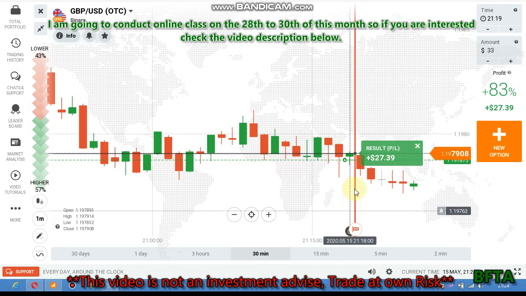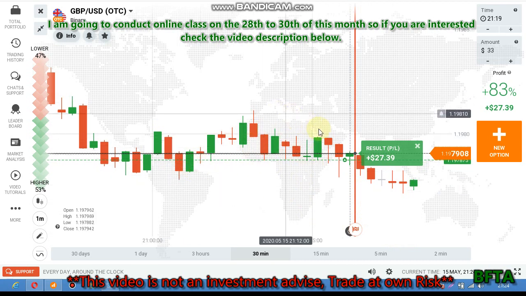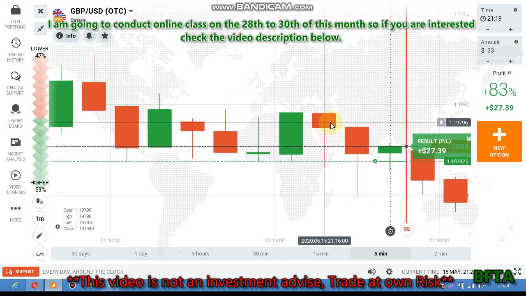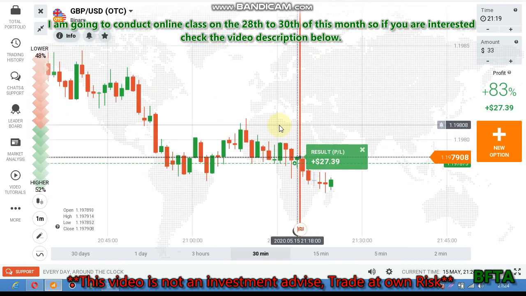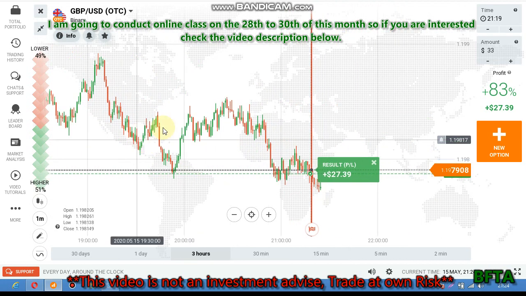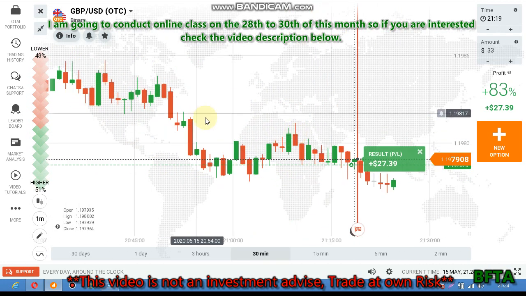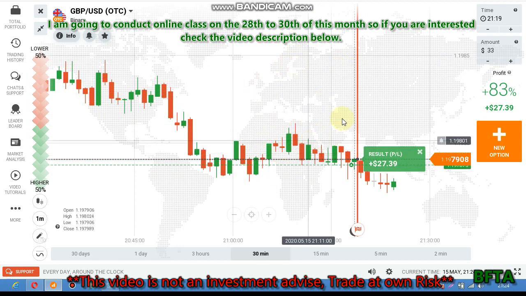So the buyers and sellers will keep ranging. Okay, so when you are placing your trade, choose a clearly ranging market, or you choose a previous level, then place your trade. But mostly choose a ranging market, not a consolidation area.